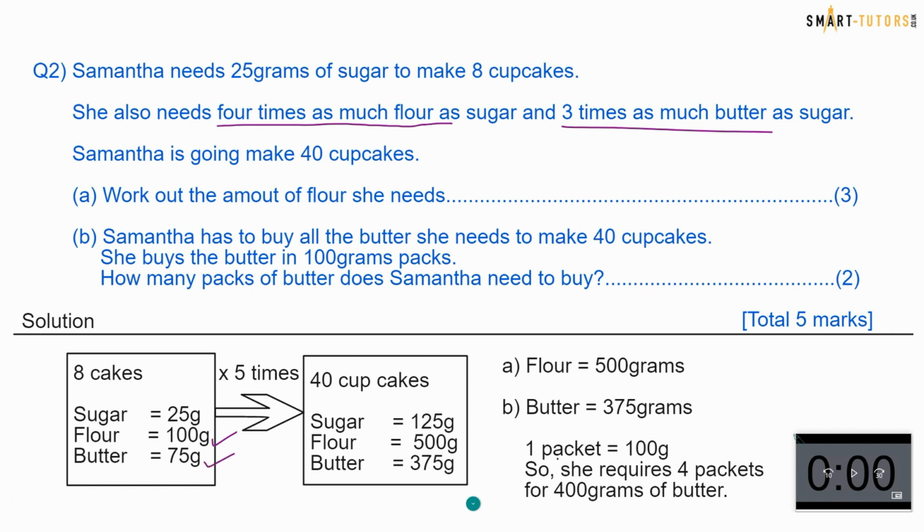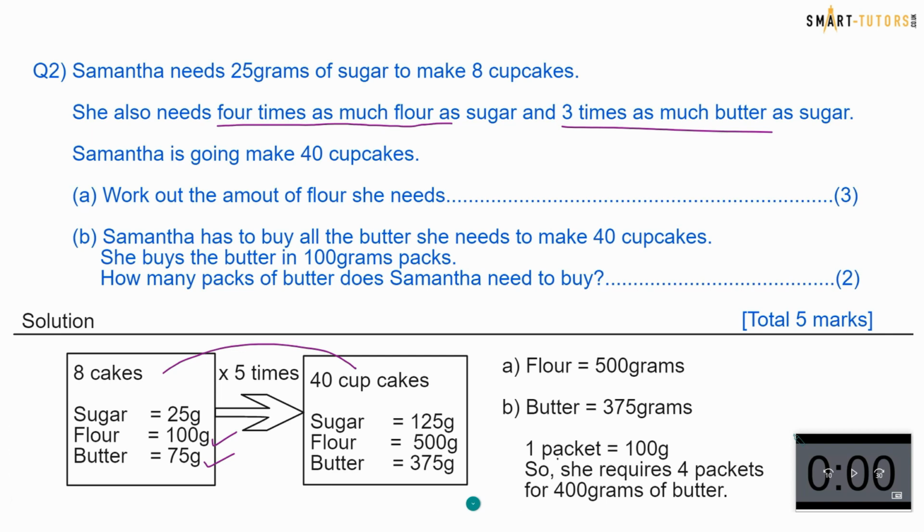This is the thing you need to make sure you understand. If you know the recipe for 8 cupcakes, and she's making 40 cupcakes, what is the scale factor? 8 turns into 40 by times it by 5. So the idea behind this question is each and every ingredient needs to be multiplied by 5.